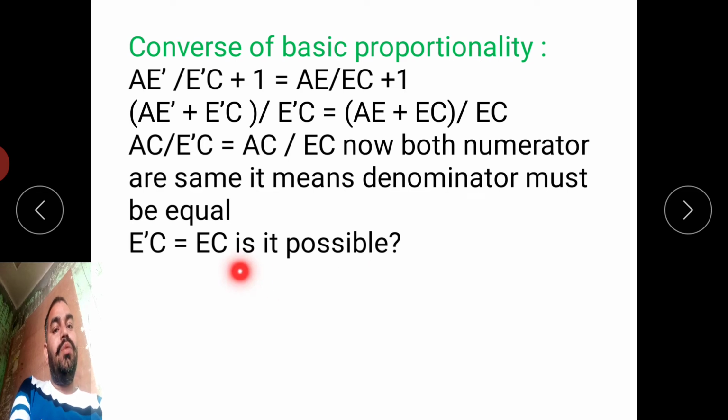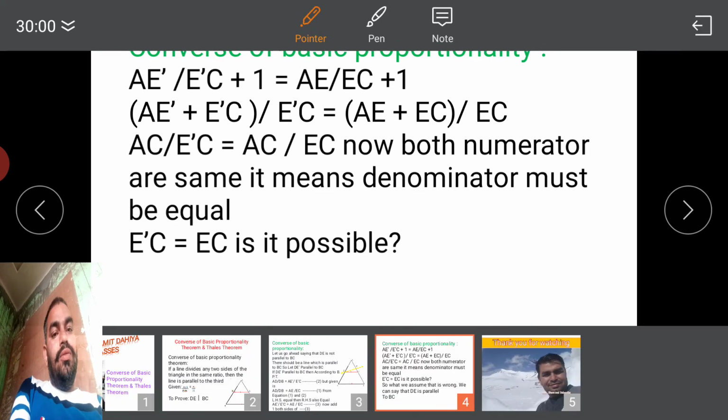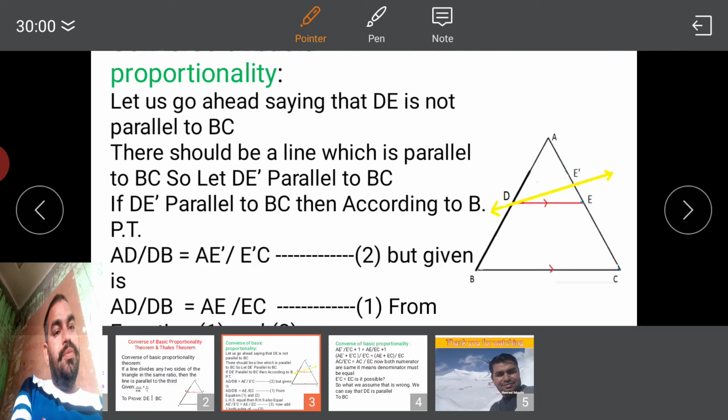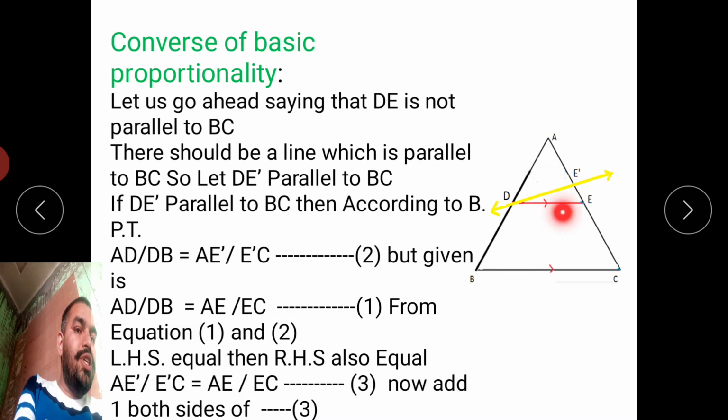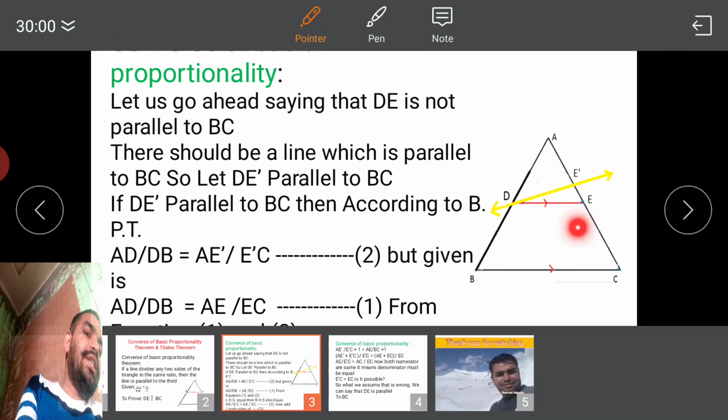Is it possible? If you look at the figure, from this point E dash to C equals E to C, is it possible?